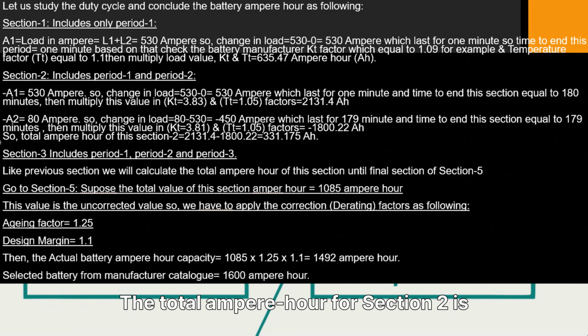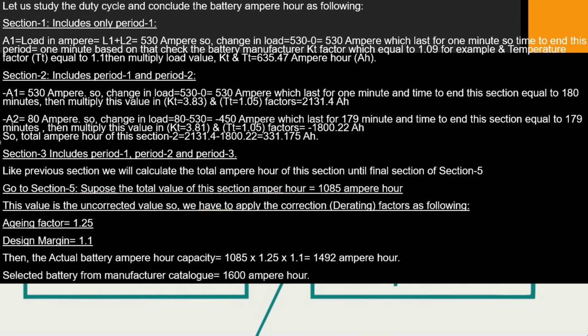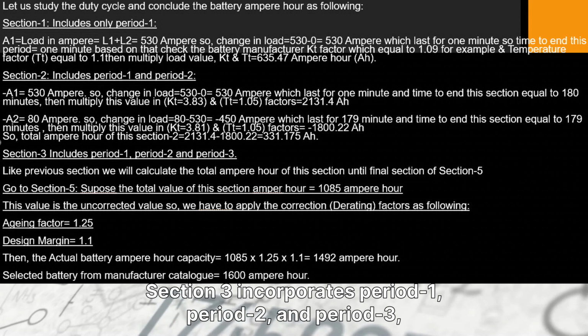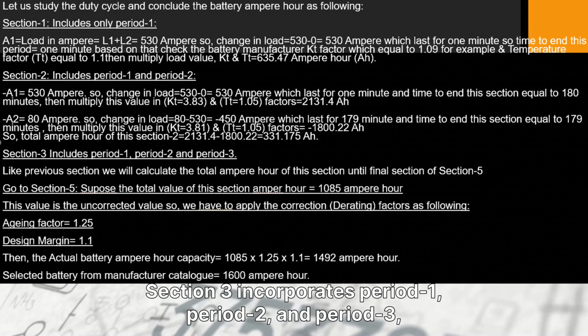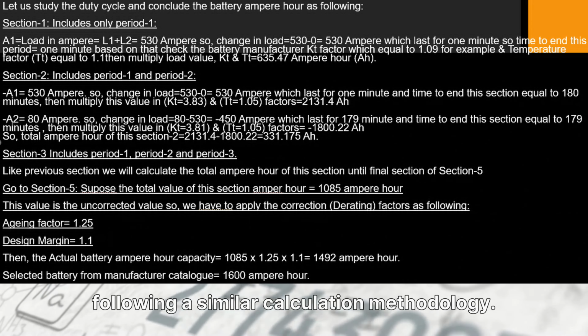The total ampere-hour for section 2 is 2,131.4 minus 1,800.22, equaling 331.175 ampere-hours. Section 3 incorporates period 1, period 2, and period 3, following a similar calculation methodology.